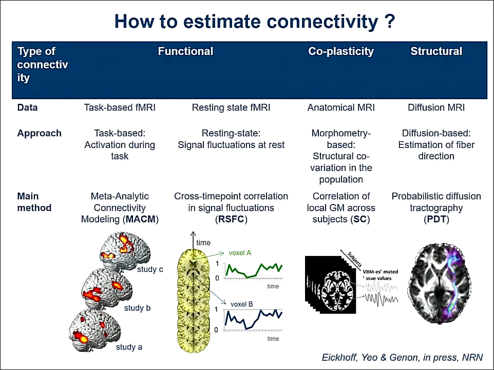But there are many different types of connectivity that we can measure from MRI scanners. So there is functional connectivity, which refers to statistical dependencies between brain regions. We can measure it across a range of different tasks by looking at coactivation, so this is what Danilo is going to talk about today. But we can also look at functional connectivity as inferred from signal fluctuation at rest.